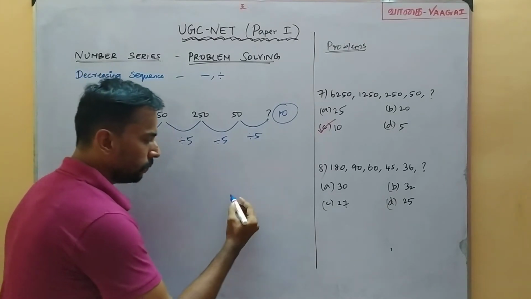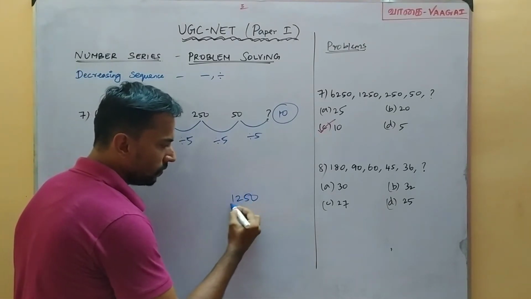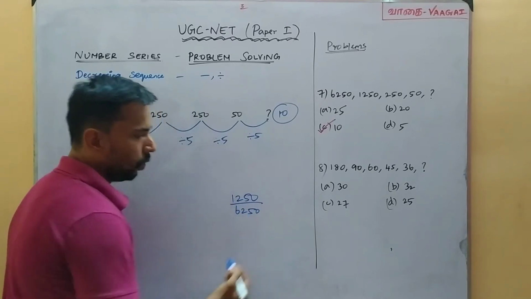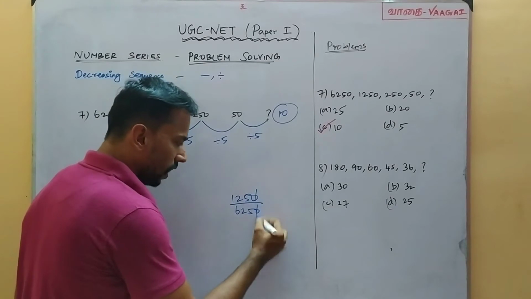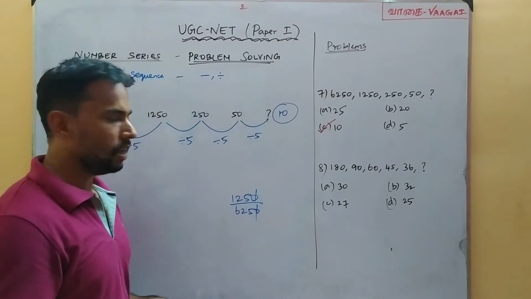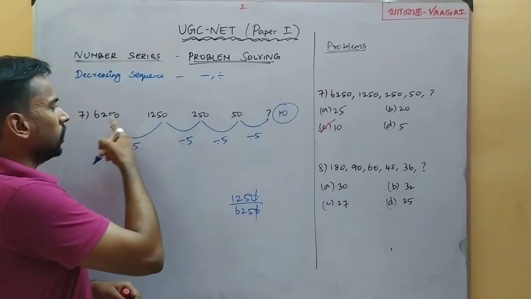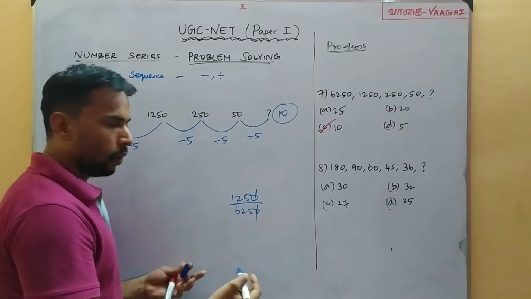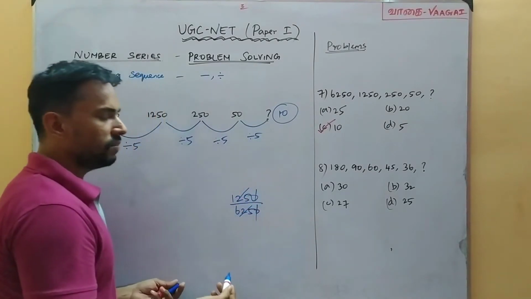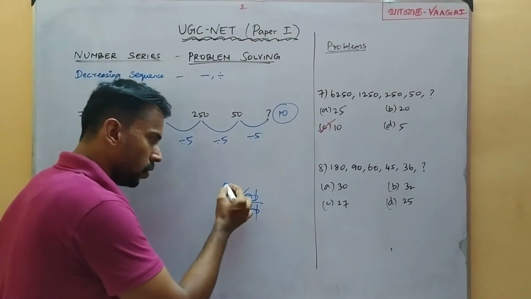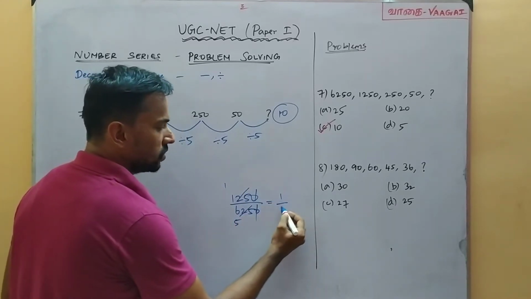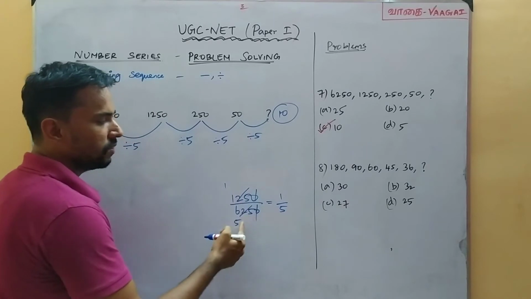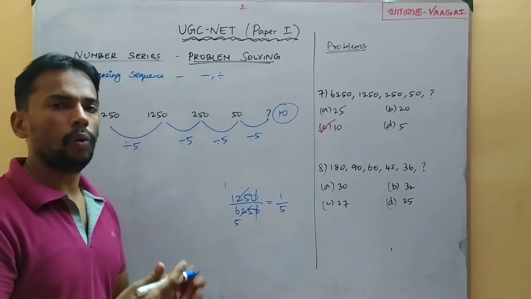Now this time let me try to divide 1250 by 6250. Now what happens, let us see. If I try to do so, we will again get zeros and zeros cancel, and we have already observed that this is exactly 5 times, and now also this will be 5 times, but this time it would be 1 by 5. So this division is giving me an equivalent fraction of 1 by 5.